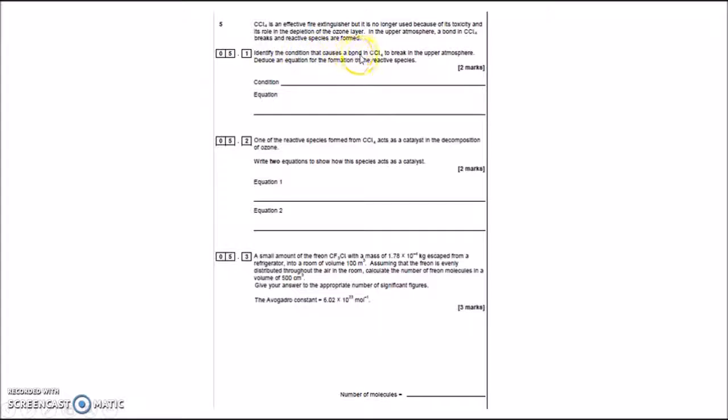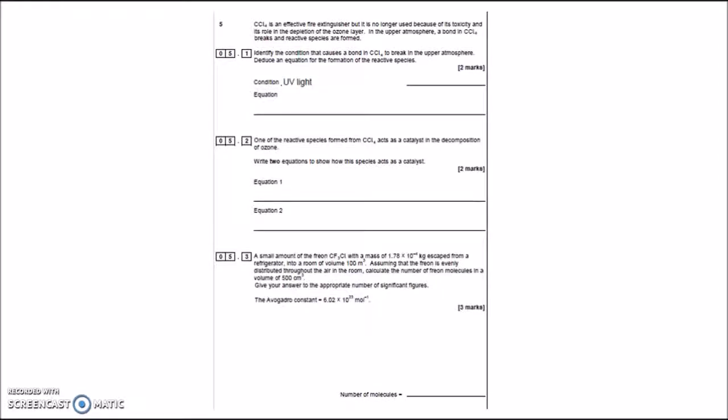Identify the condition that causes a bond in CCl4, we know that's a C to Cl, to break in the upper atmosphere. Deduce an equation for the formation of the reactive species. Well, first of all, in the upper atmosphere you get ultraviolet light from the sun, and that's the energy that's needed. The ultraviolet light provides the energy to break the bond. UV light.